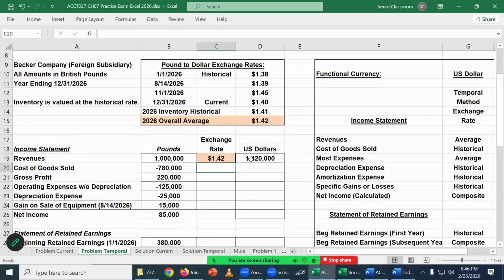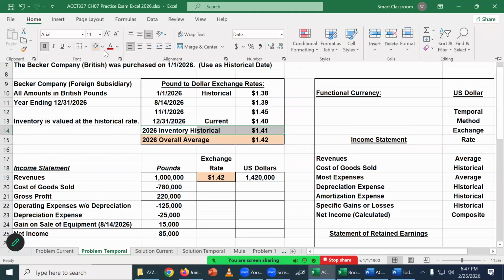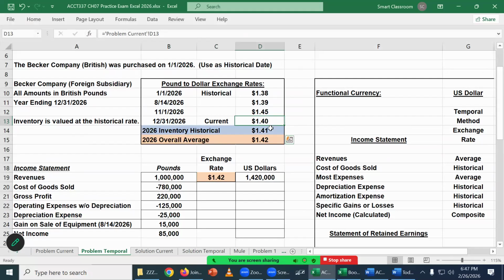Cost of goods sold. Now, this is going to be different, because it could be different. In this case, it is going to be, because they are going to be at the historical rate. So now we have to find the historical rate for the inventory. This is what we sold. So this is going to be the historical rate.